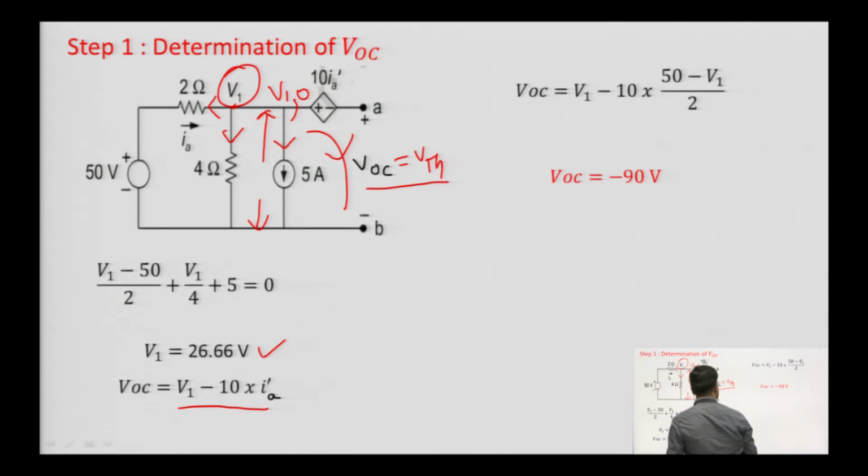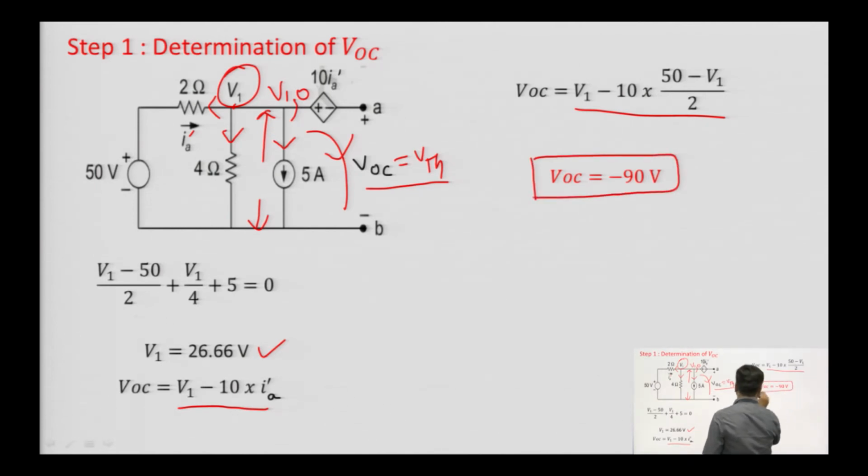Now, VOC will be equal to V1 minus 10 into IA dash, and IA dash is the current flowing here. So it will be equal to (50 minus V1) divided by 2, and we will get the open circuit voltage as minus 90 volt.